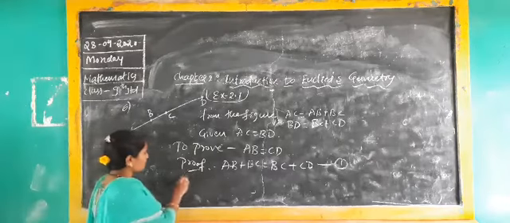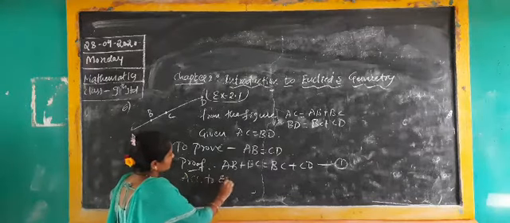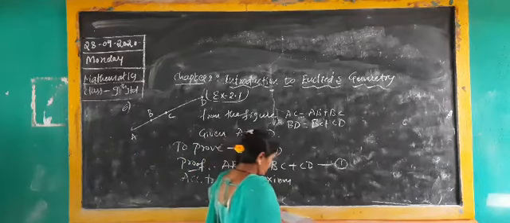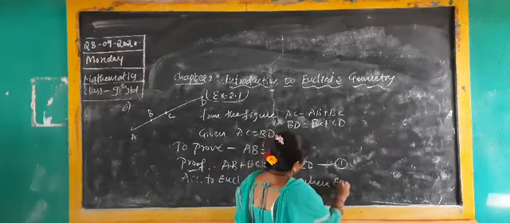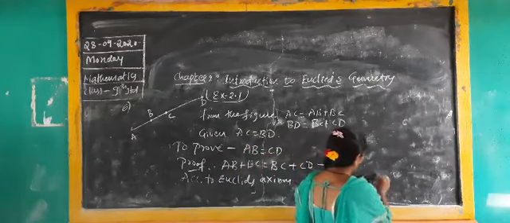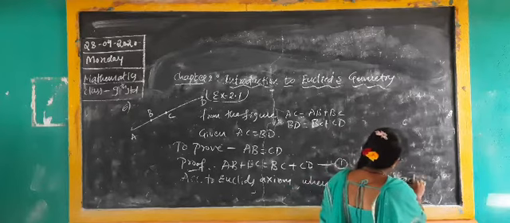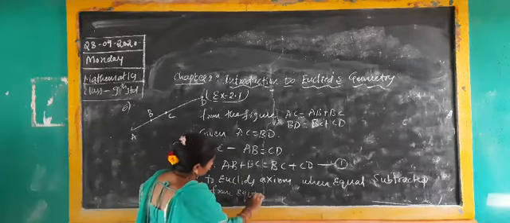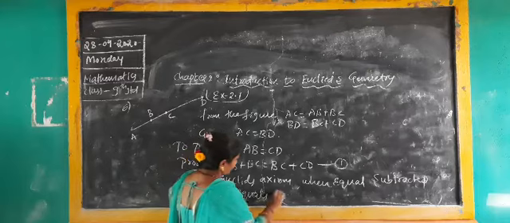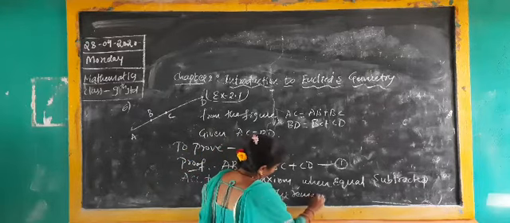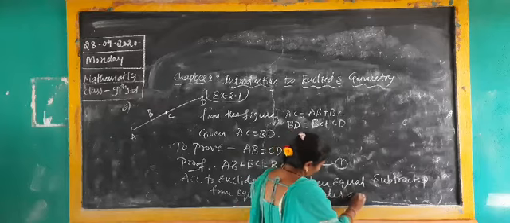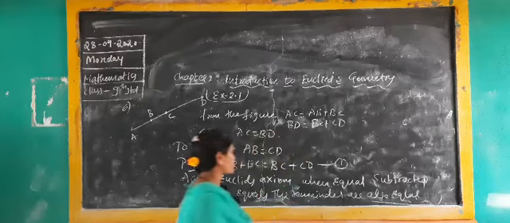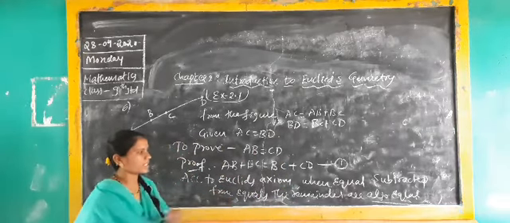Write down the sentence: according to Euclid's axiom, when equals are subtracted from equals, the remainders are also equal.